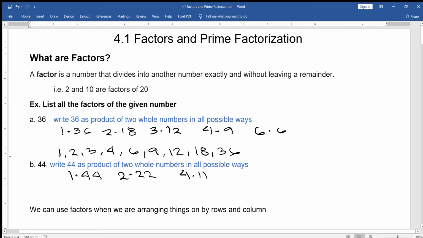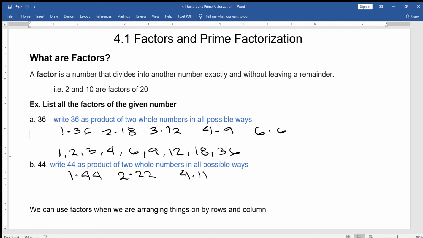Well, let's think of the numbers between 4 and 11 and divide 44 by them. 44 divided by 5, you'll get a decimal, or a remainder. 44 divided by 6, decimal or remainder. 44 divided by 7, decimal again. 44 divided by 8, 9, and 10, you'll get decimals.